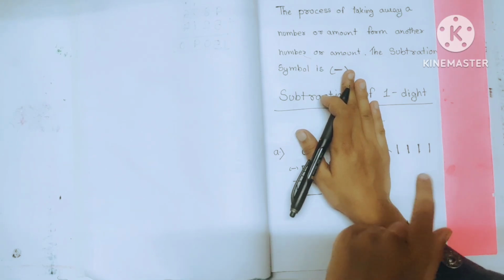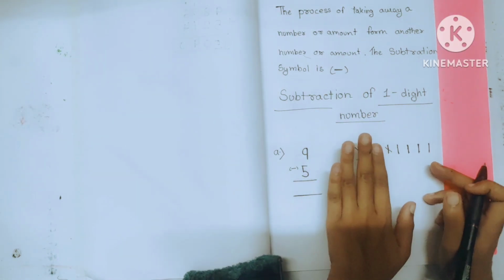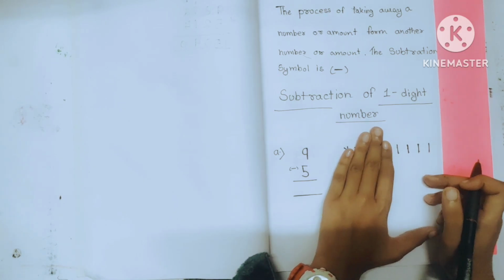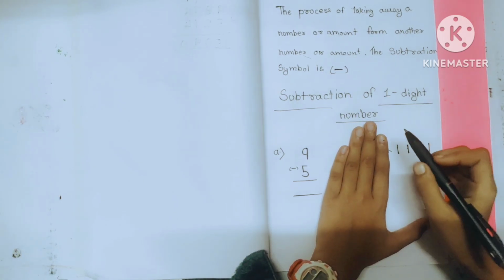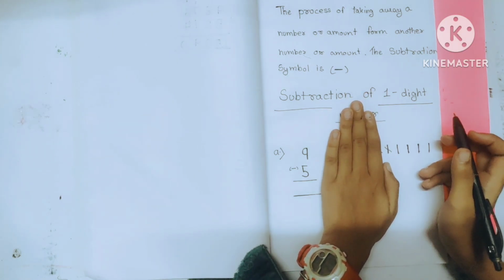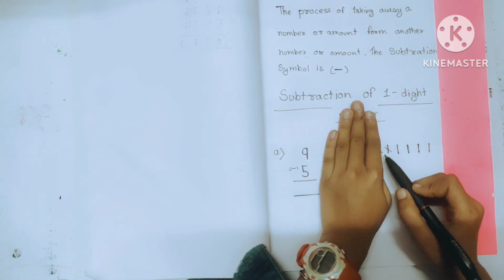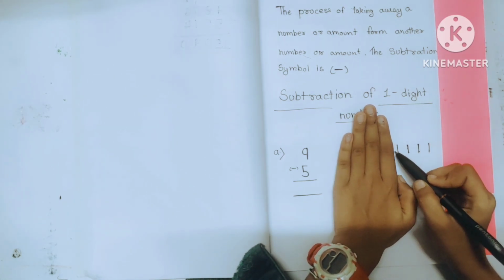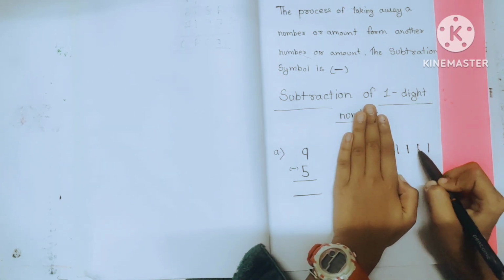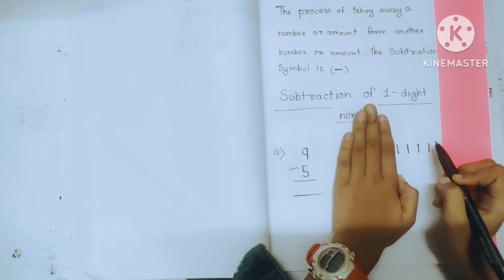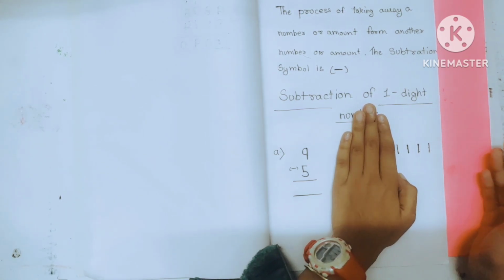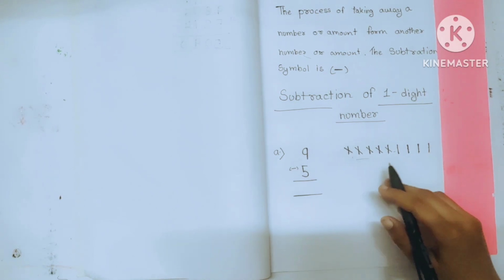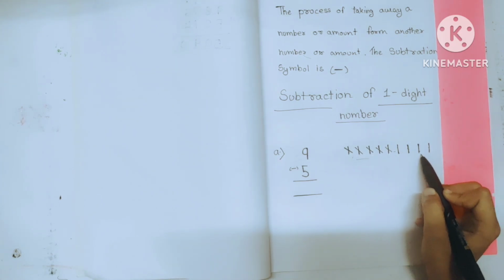Now, how many lines are left when we cut these 5 lines? Let's count. 1, 2, 3, 4.